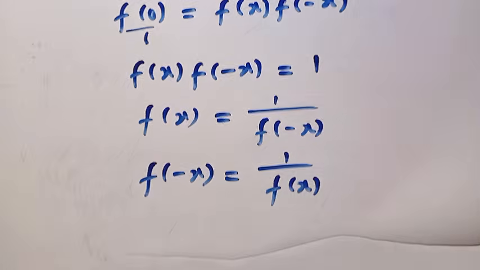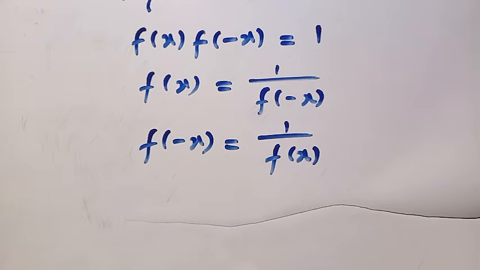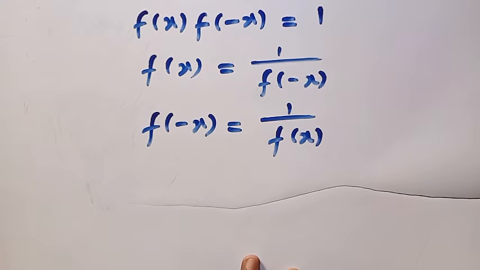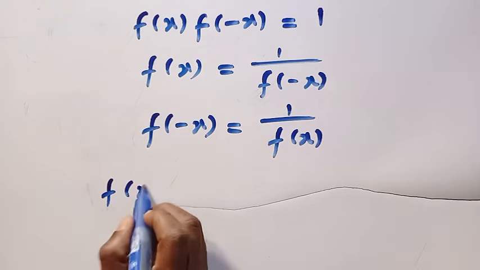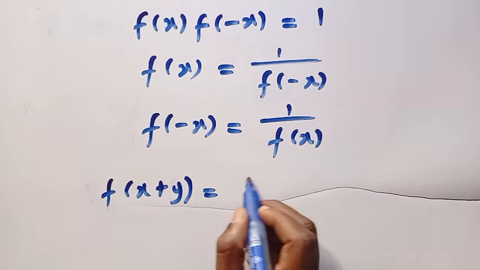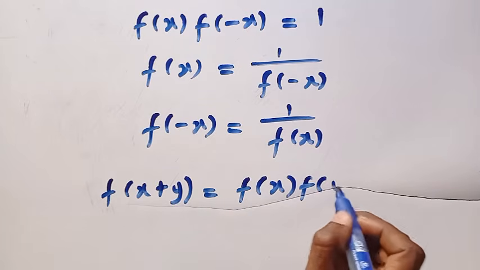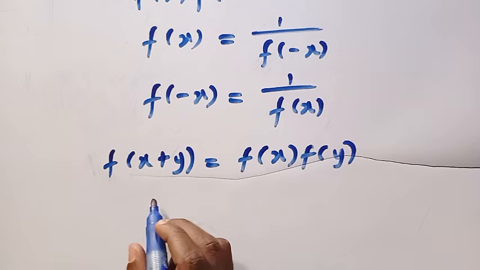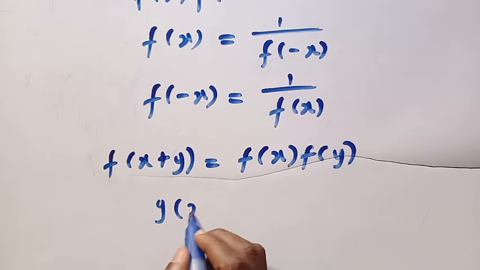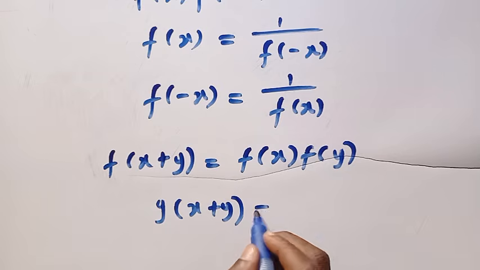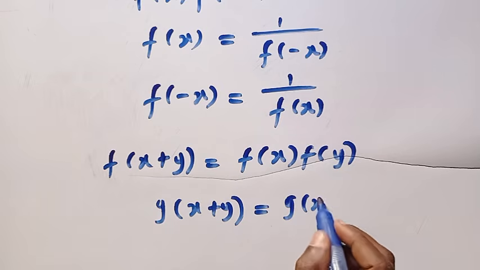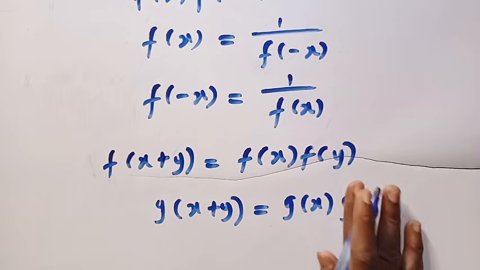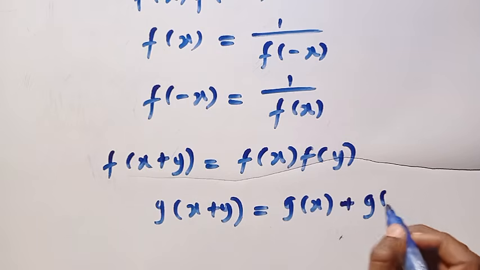Again, another way we can still get f of x is, let's say we consider a linear solution. From the given question, we have f of x plus y equals f of x multiplied by f of y. So this is in a way of, if I write this as, let's say, g of x plus y, we can just have this as g of x plus g of y.